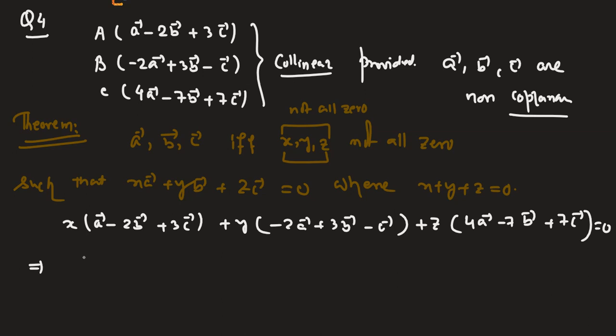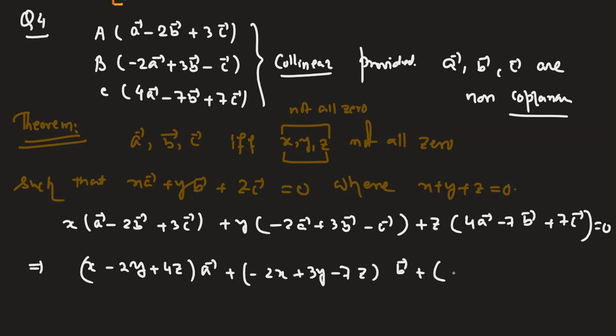We find the coefficient of all the a vector, b vector and c vector. So for a vector: x into 1, x; 2 into minus 2 into y, minus 2y; 4 into z, 4z. Then for the b vector: minus 2x, 3y, 7z. For the c vector you have 3x, minus y and then 7z, which is equal to 0. Now notice that a, b, c are which type of vectors?